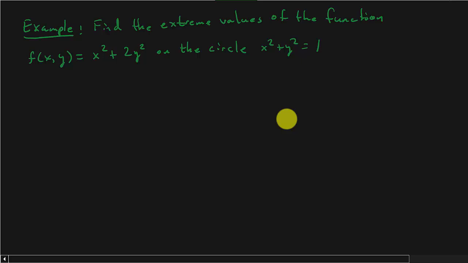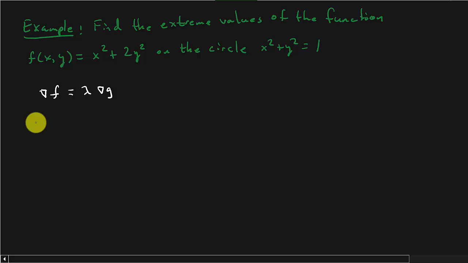So it says find the extreme values of the function f of x, y equals x squared plus 2y squared on the circle x squared plus y squared equals 1. All right, so let's work this. We have the gradient of f is equal to lambda times the gradient of g.